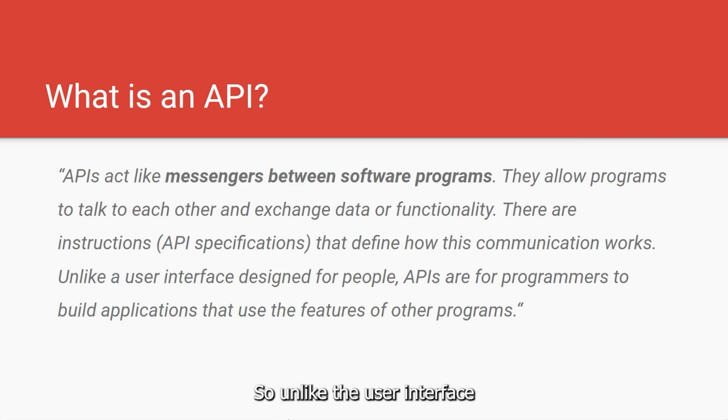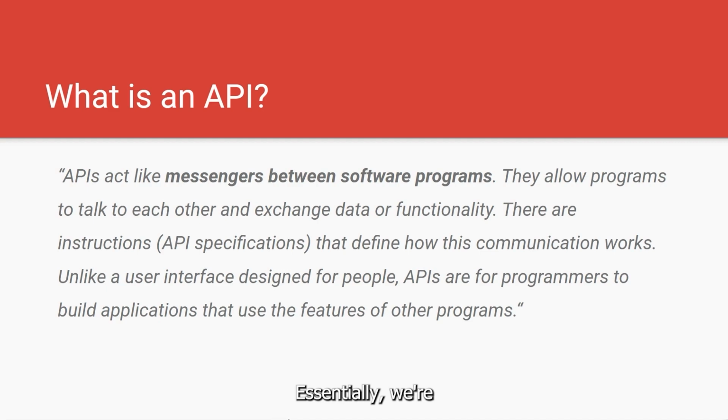So unlike a user interface designed for people, APIs are for programmers to build applications that use the features of other programs. So what we're basically saying here is this API will allow us to use certain codes or certain programs that are created by other programmers.